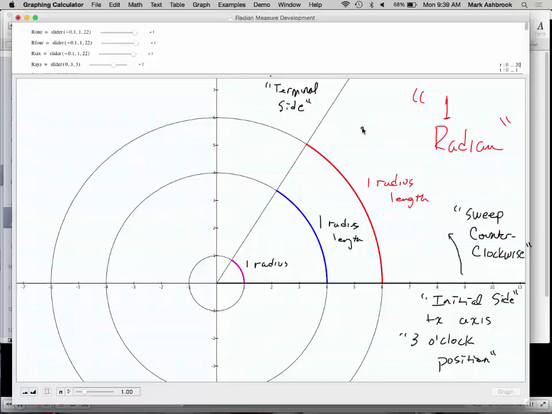That's the jargon we're going to use, and this is what we're going to be doing for the next 3 weeks: sweeping angles counterclockwise from the 3 o'clock position to some amount of openness.